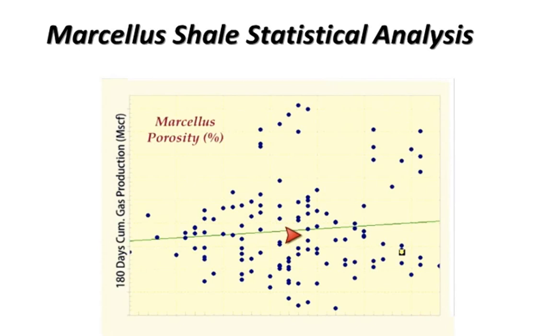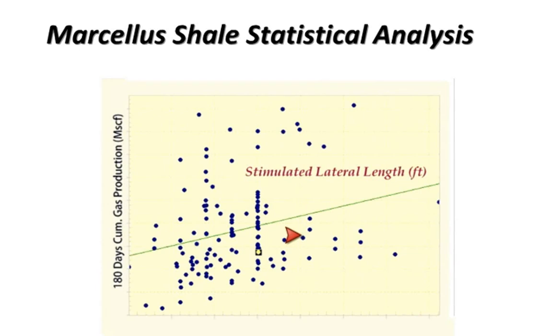And this one is porosity versus production index. This one is stimulated lateral length, which is supposed to provide a clear trend. And as you see, you have this blob: for the same value of stimulated lateral length, you have low productivity and very high productivity wells.